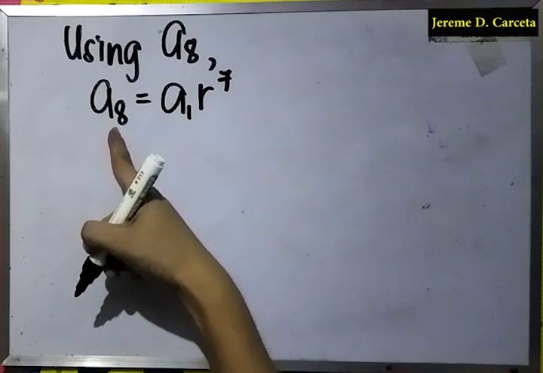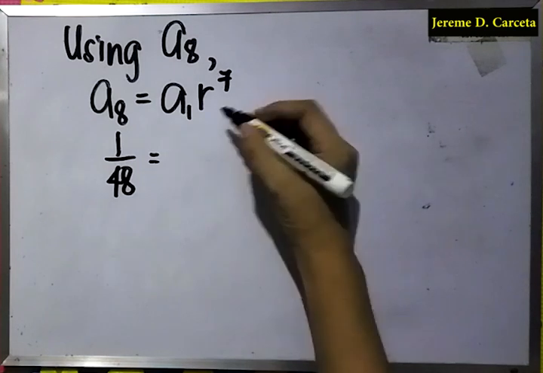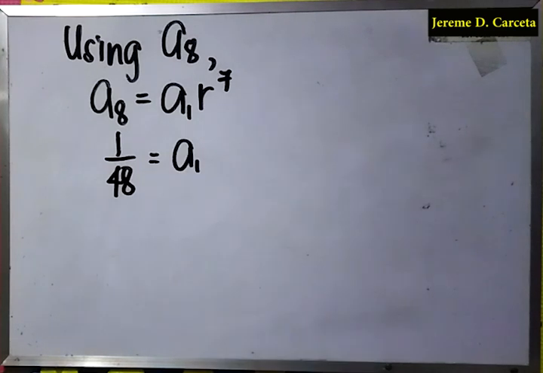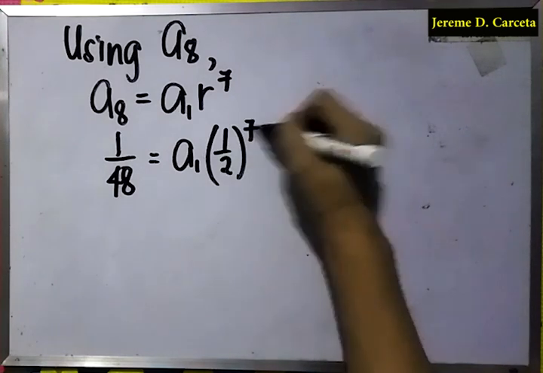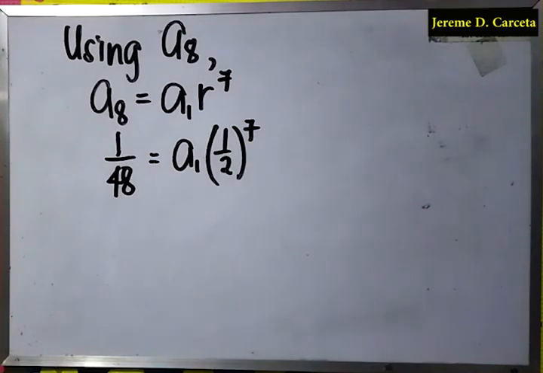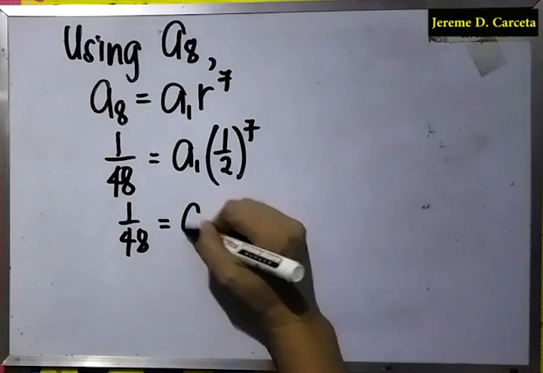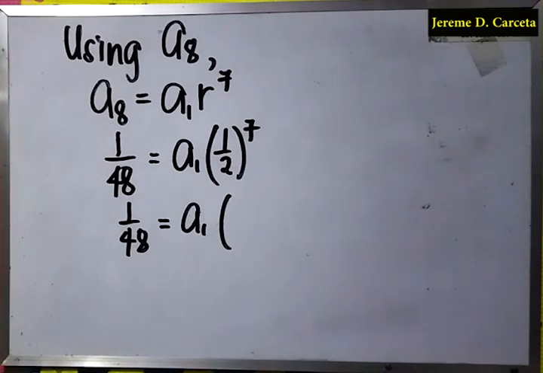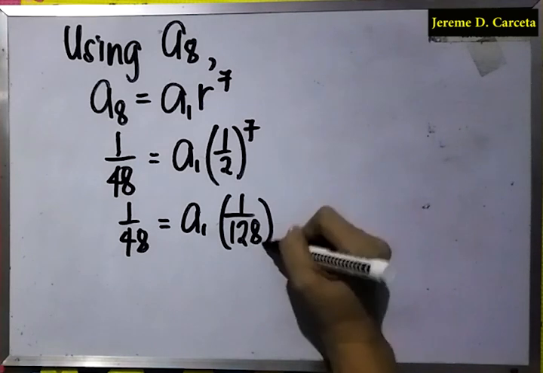Our a sub 8 is equal to 1 over 48, is equal to a sub 1 times, again, our obtained value of r, 1 half, then raised to 7. Let us simplify this. 1 over 48 is equal to a sub 1 times 1 half raised to 7 power. That would give us 1 over 128.